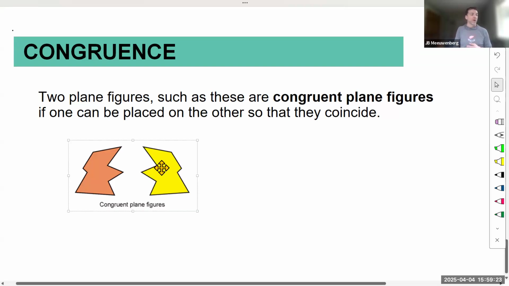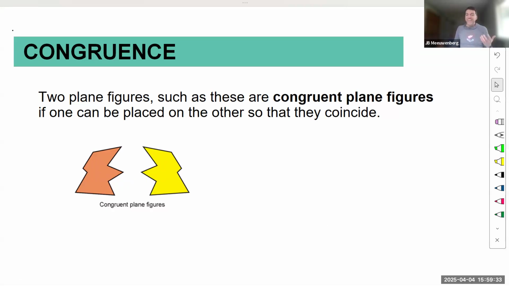Imagine taking this yellow one, flipping it over, rotating it, reflecting it, and it would lay right over top of that orange figure exactly. Another way to say it is they just have the same shape and size. Things that are congruent are the same.